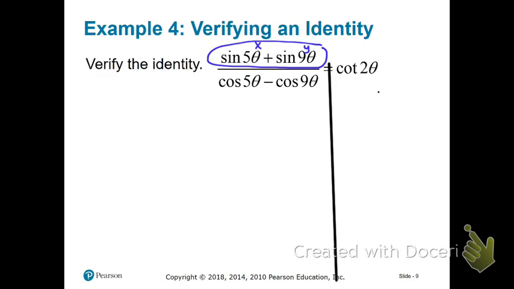My formula is 2 sine, and in parentheses it's x plus y divided by 2, cosine, and in parentheses it's x minus y divided by 2.